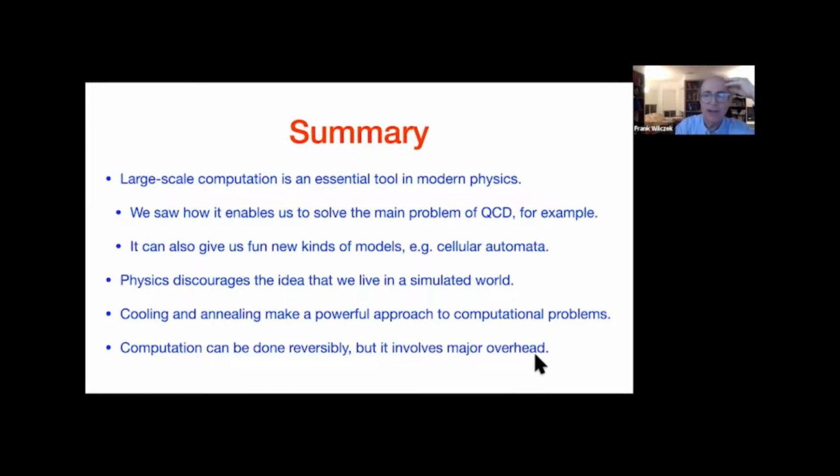You have to keep track of a lot of useless information, and you can't do erasing. So those are the main points I wanted to cover today, and thanks for your attention. And next time we'll decrease the level of abstraction and talk about the actual technology of computing.